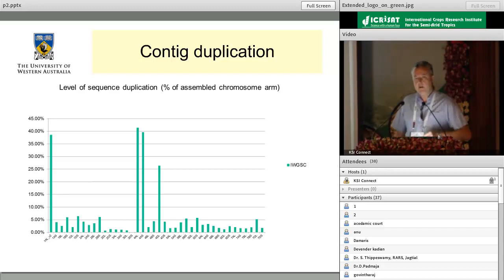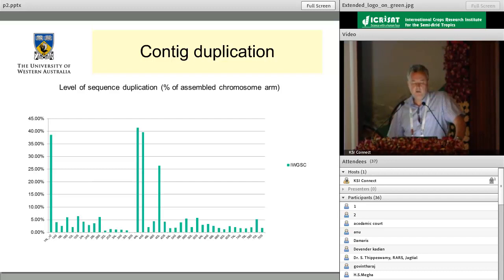And given the data that was used for this, which was paired end Illumina data, it was relatively short. There should not be information which allows you to develop contigs or duplicate contigs of greater than 1 kb. So if we're seeing these things, they should really be artifacts of the data caused by the assembler.